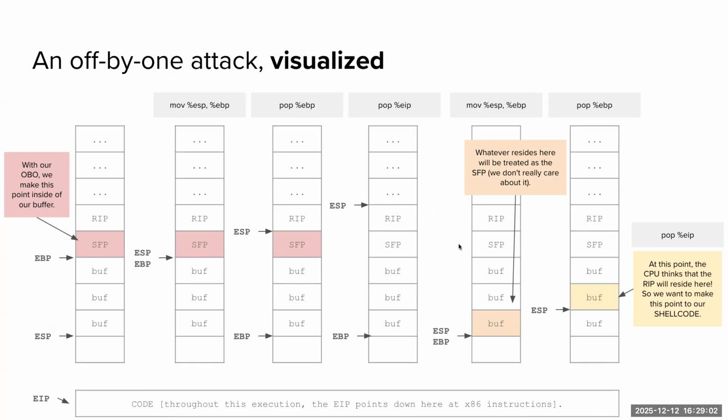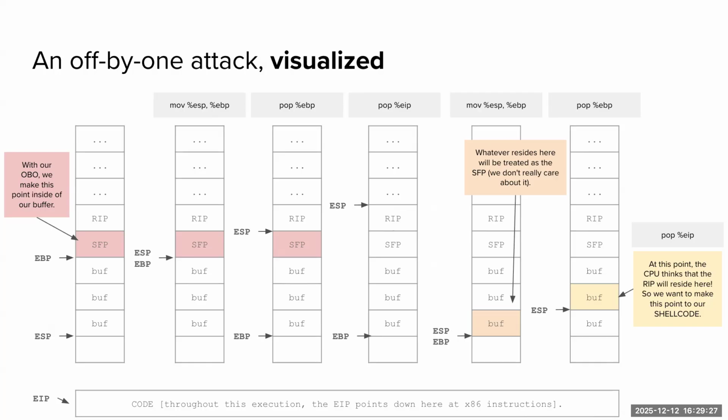However, the problem is when we return from main, we again follow the same three steps. We set our ESP equal to our EBP. And now instead of setting the ESP to the base of main, we set our ESP all the way down to somewhere in buff, whatever we changed the value of SFP to originally.